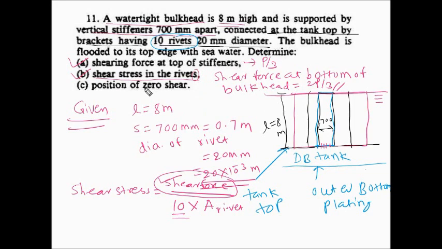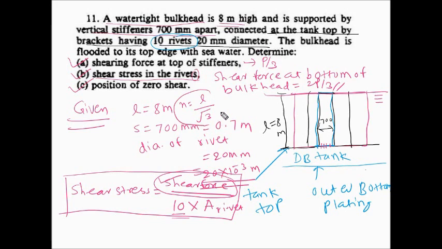Whatever we have done earlier, the same thing we are going to do here. The only extra step is to calculate the shear stress in the rivets. The third point is similar to the earlier one: the position of zero shear will be x equal to L upon root 3 from the top.